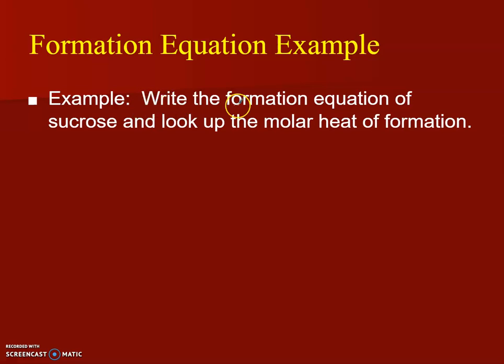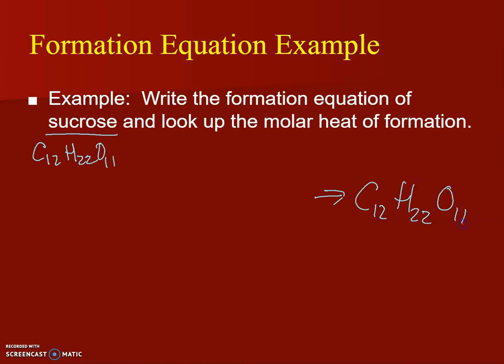All right, so let's write the formation equation for sucrose. Sucrose is going to be C12H22O11. So how do I form that? C12H22O11 from its elements. Well, I'm going to need 12 carbons. How many H2s am I going to need?